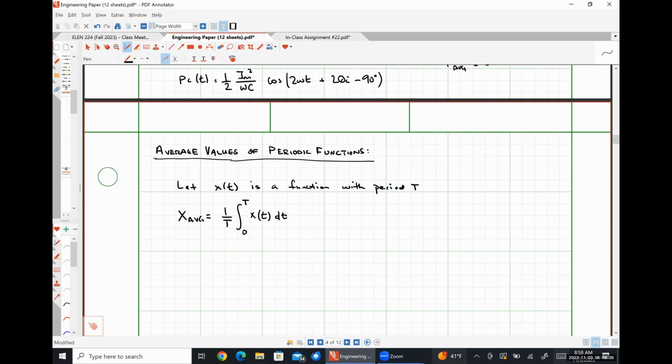So let's apply this to our power relationship. The average value of our power is going to be 1 over T times the integral from 0 to T of p of t dt.